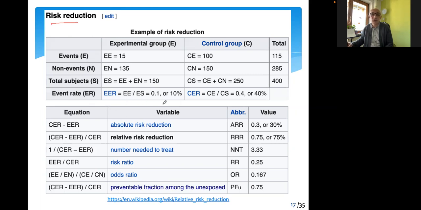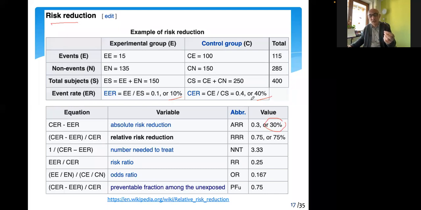We have an event rate. This event rate here is 10%, the event of having a disease in the people getting a medication. In the other group, the control group who don't get the medication, the event rate is 40%. So if I would ask you what the absolute risk reduction is, that would be, of course, 40 minus 10. That is 30%. 30% absolute risk reduction by administering a medication to that group.